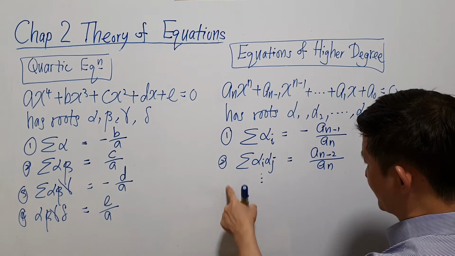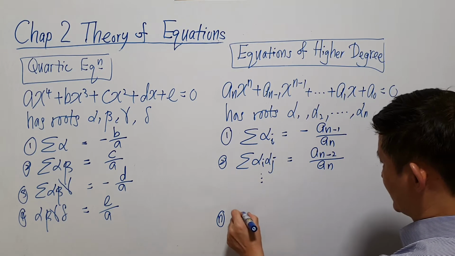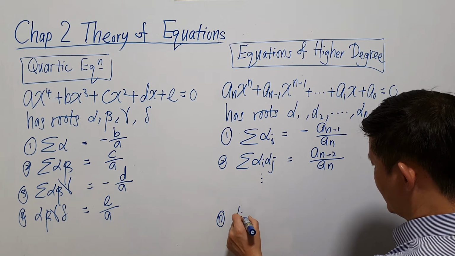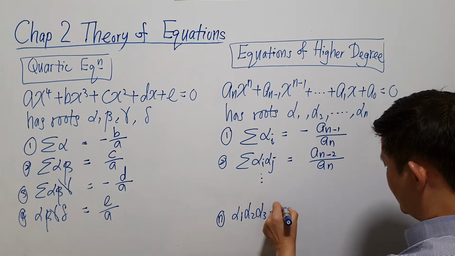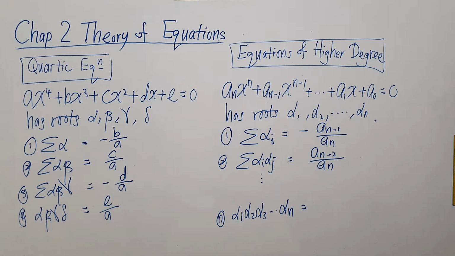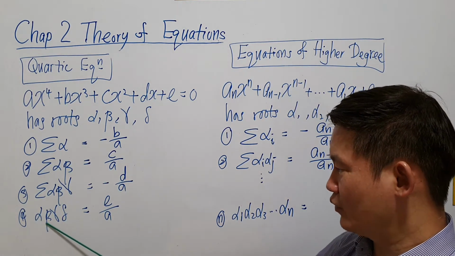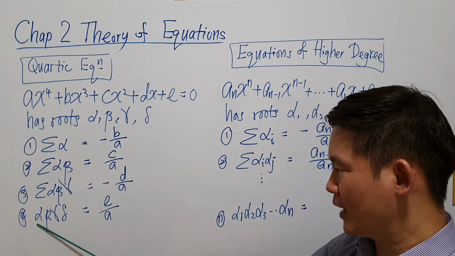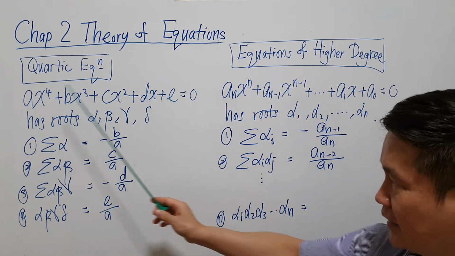In between I'm not going to write, but for the last one, which is the product of all the roots, how do you write down the product of all the roots? As I told you just now, for degree 4, for the last one where you multiply all the roots, it is positive, the last divided by the first.